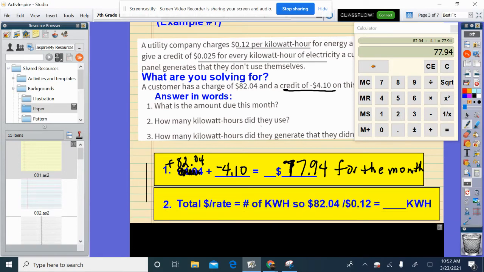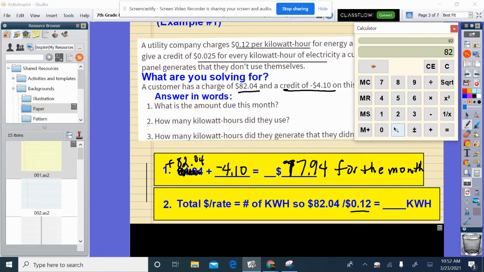Now, to answer this one, we're going to go back to something we've already learned this year, and that's about rates. Remember, we can take the total number of dollars spent and then divide by the rate and get the quantity of whatever we're talking about, in this case, kilowatt hours. So that'd be $82.04 divided by the rate of 12 cents per kilowatt hour. And what would we get?